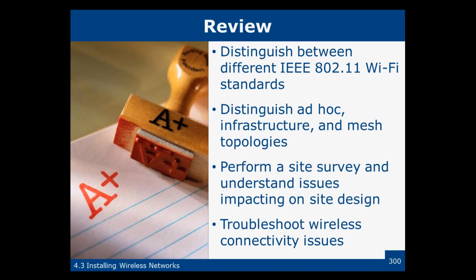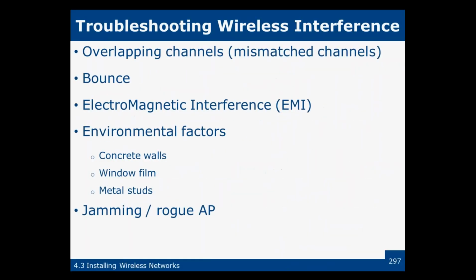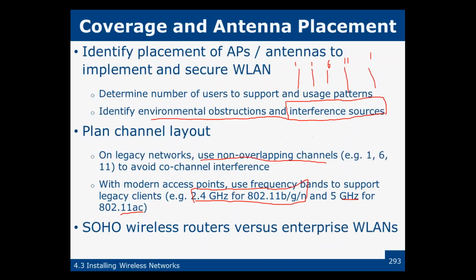What is a BSSID? That's basic service set identifier if you really want to know what it stands for. But what is the BSSID? We're making this way too hard.